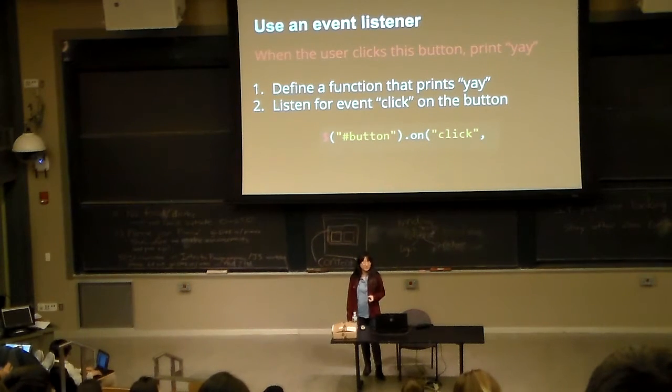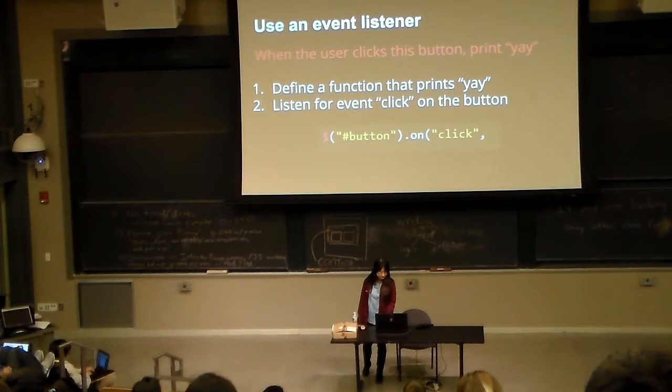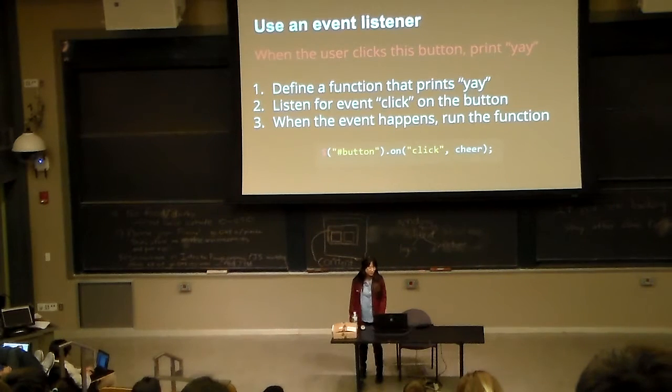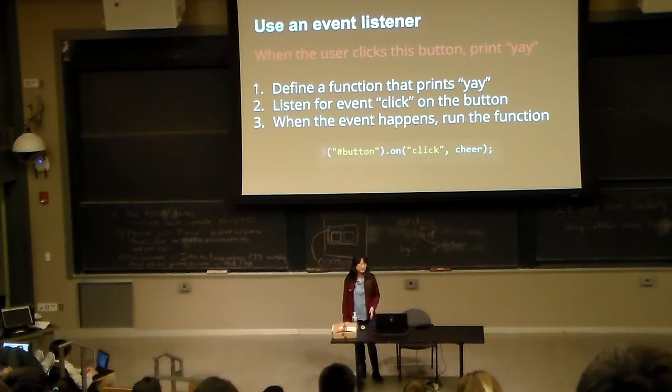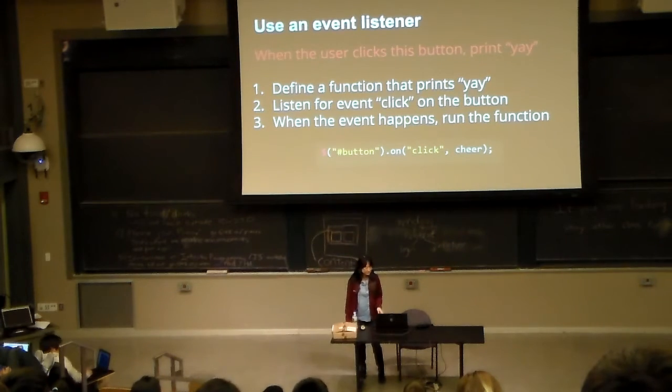So in jQuery, you want to select the button first using this ID selector, and then you say .on, and that's just a jQuery function for setting event listeners. So when you're listening for an event, click is the name of the event that you're listening to. And you say, when the event happens, run this function. So you pass the function cheer in.